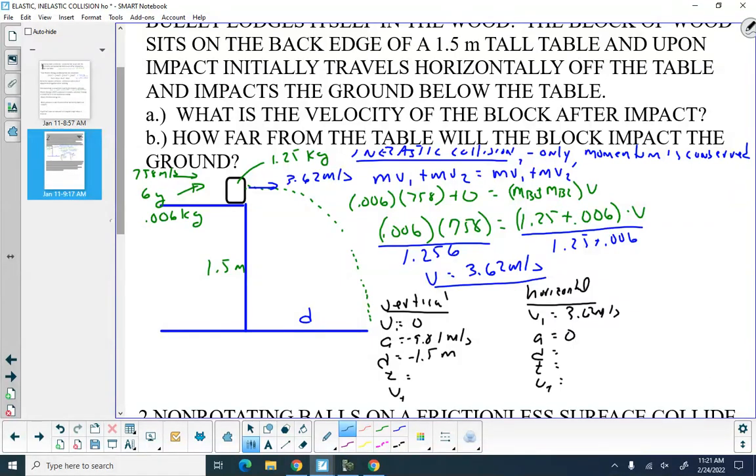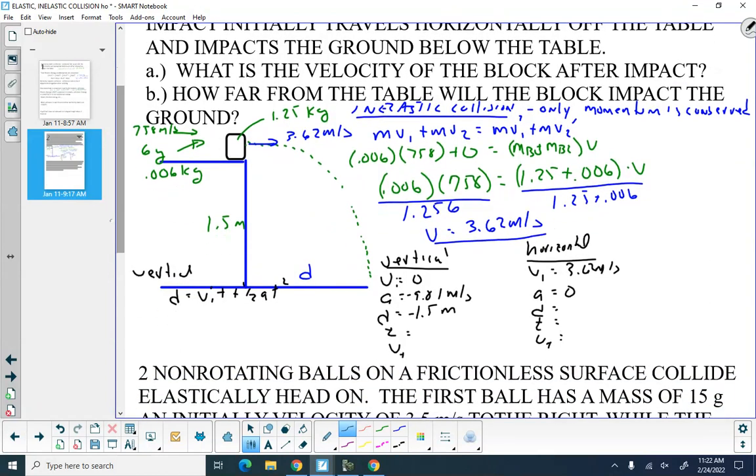We solve for time using our vertical component. Displacement is equal to v initial t plus 1/2 a t squared. We have no initial velocity, but we have acceleration and displacement, and we can solve for time.